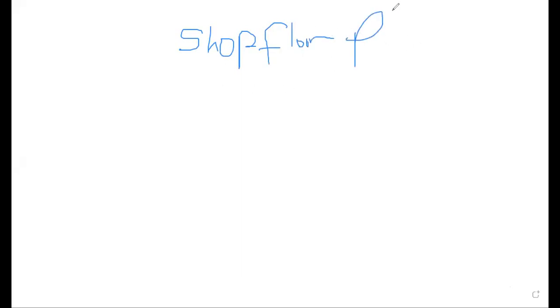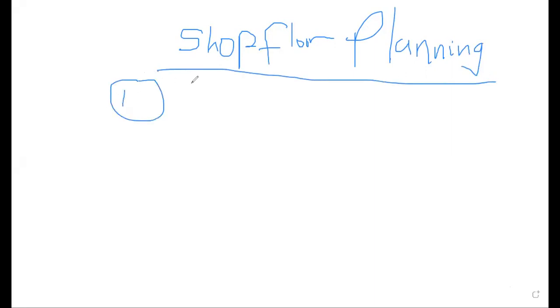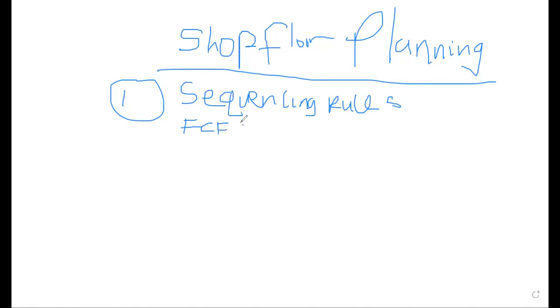The first one has to do with sequencing rules: first come, first served, shortest processing time, earliest due date, and the critical ratio.